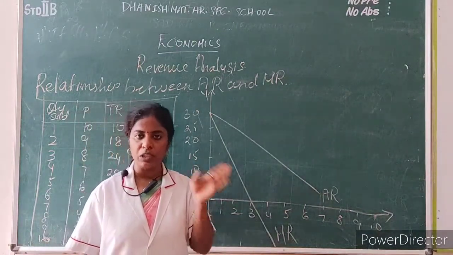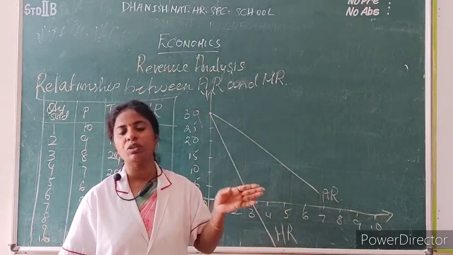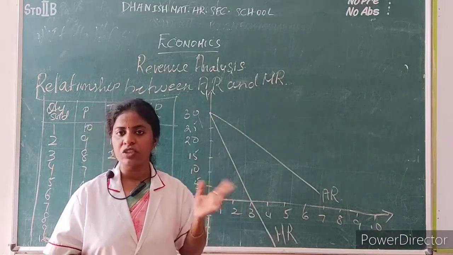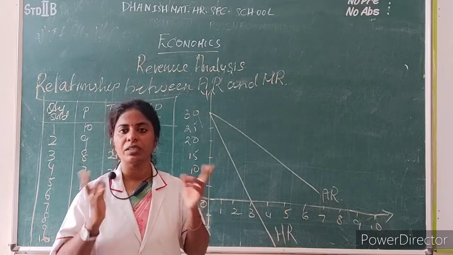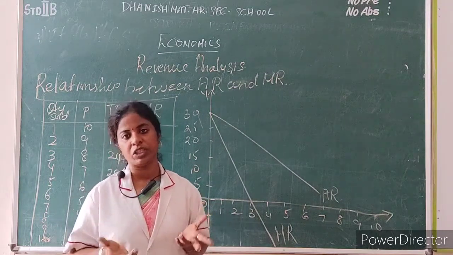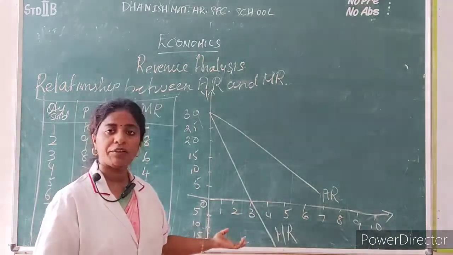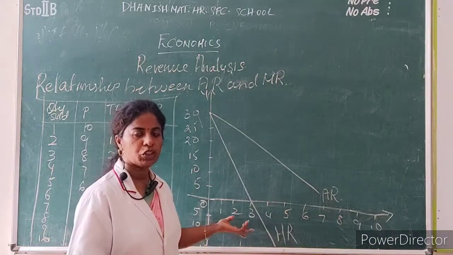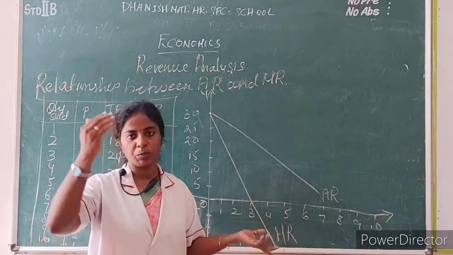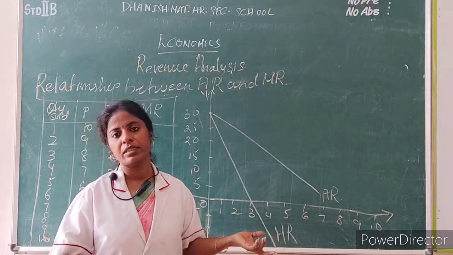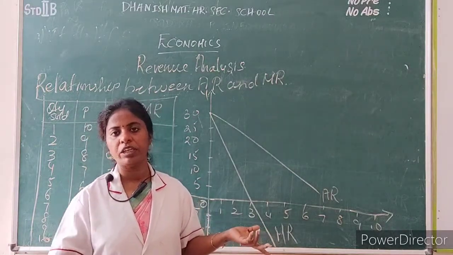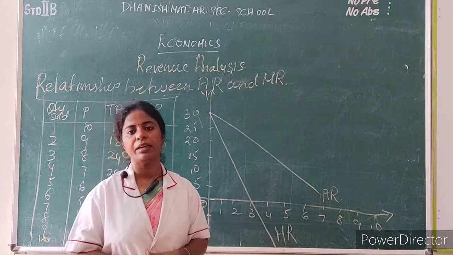Why? Because of the price changes. If price changes, automatically the profit and the revenue also will change. But marginal revenue comes to a negative position. Negative position means when price is decreasing entirely, the profit also will be entirely reduced.